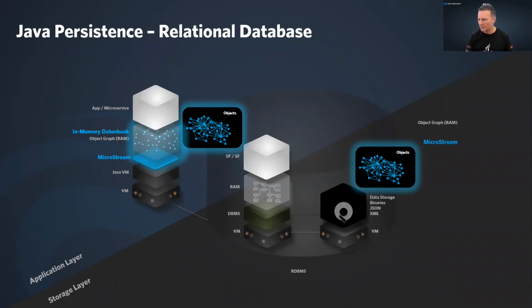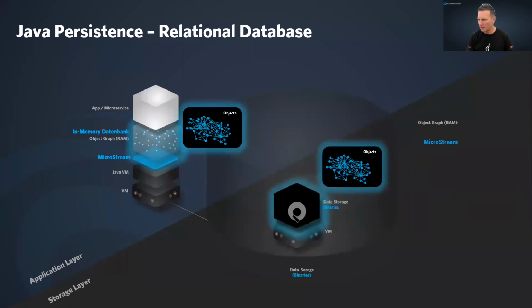On the database side, we need the database here on the remote server. We need that database in memory, not really, because we only store the data in binaries on a disk. So we kick out the database system on the remote server, and now we only have the in-memory database. That's a single source of truth, and we only have a storage where we store the binary files. That's it, no more else.